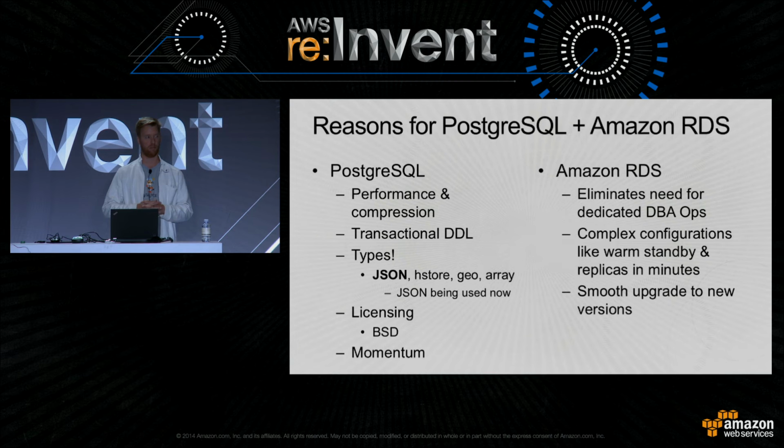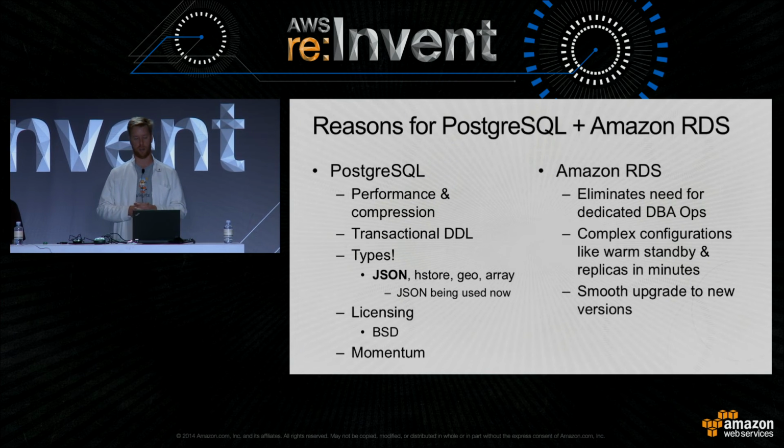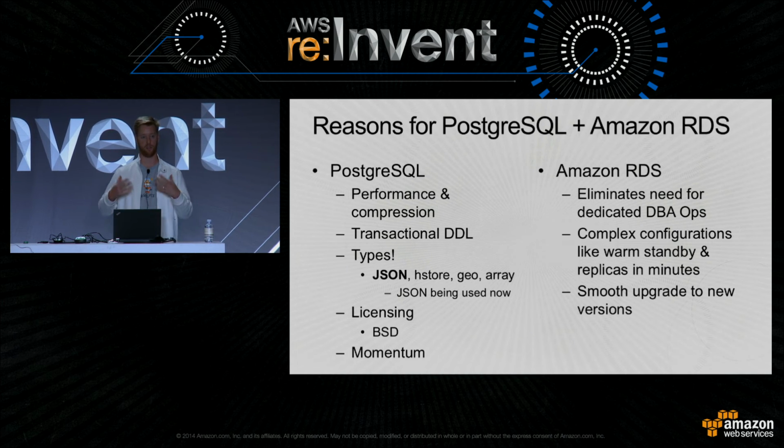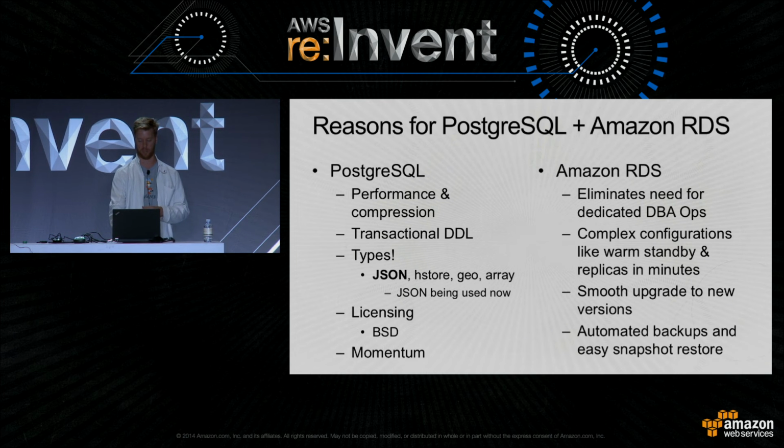Another thing that isn't always the easiest is upgrades. If you've been using any of the systems in RDS for a while, they make it really easy to get to the next version, and the next version is usually available pretty soon after it's released. And then finally, automated backups and restore. Anybody running any transactional system really needs automated backups.